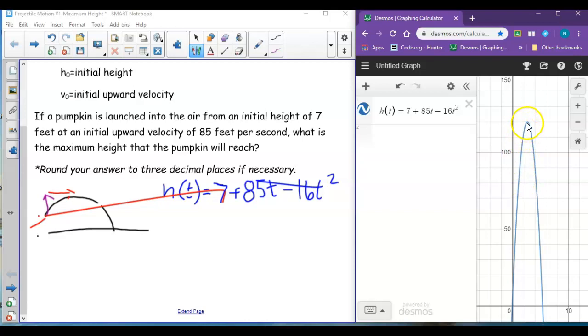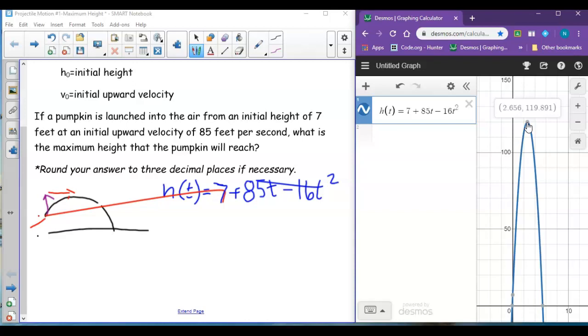And right there is my maximum height. And so I've got two numbers at that point. In Desmos, all you've got to do is click, and it'll show you that maximum point. I've got 2.656, and I've got 119.891.